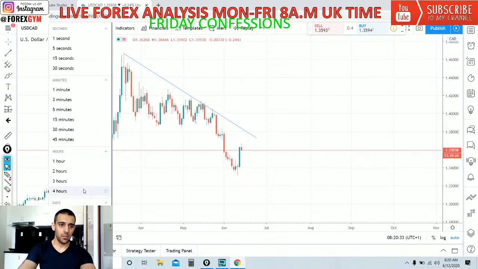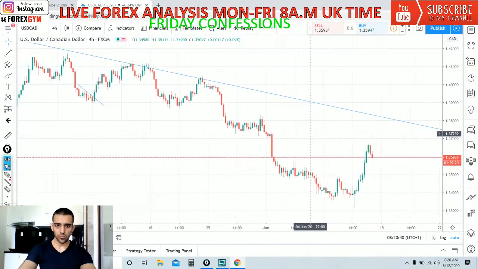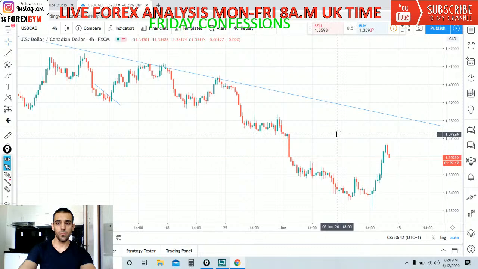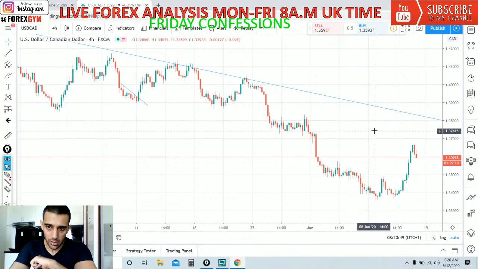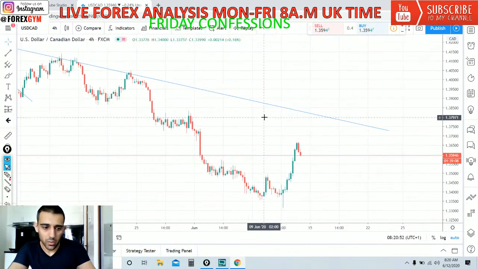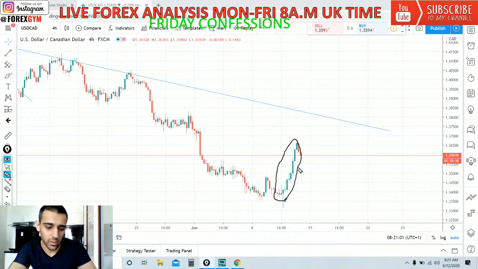Okay, let's see. It's got a 4 hour time frame. I'm more towards the long side on this one actually, in terms of the short term for now, because we had this crazy move towards the upside on 4 hour time frames, looking very solid bullish candles, and now this one just looks like a pullback for now.